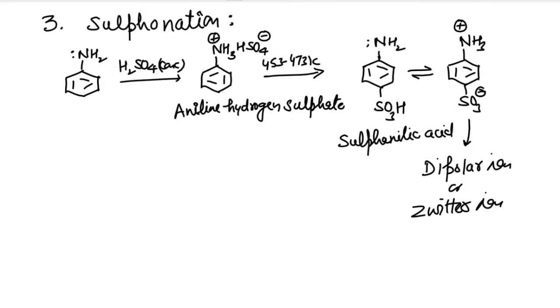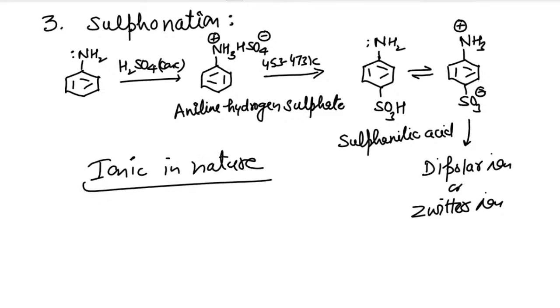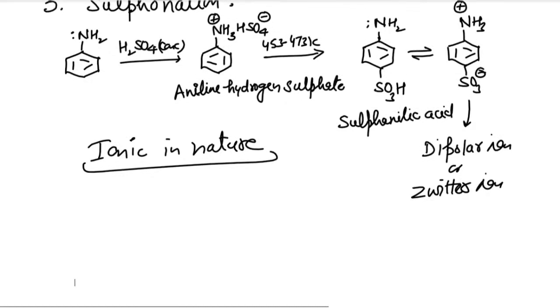It exists as a crystalline solid. In hot water, it is soluble, but it is insoluble in organic solvent because of its ionic nature. As it is ionic in nature, it is soluble in water, but insoluble in organic solvent.